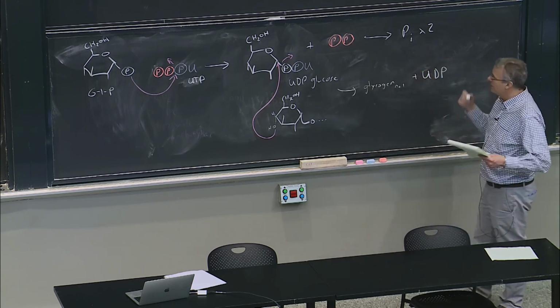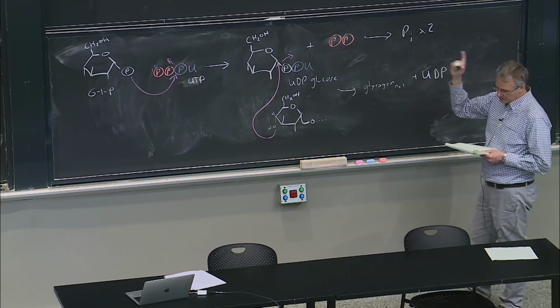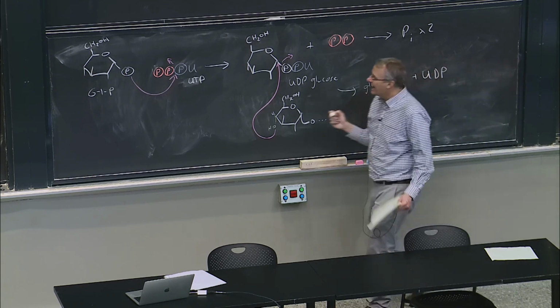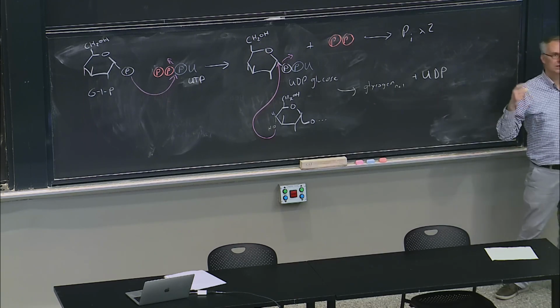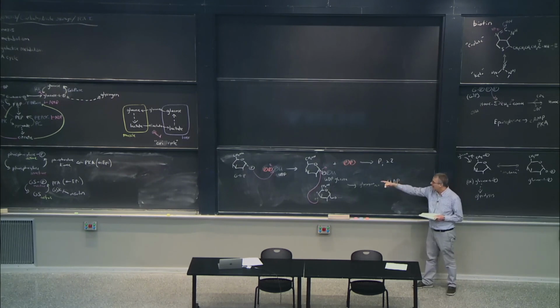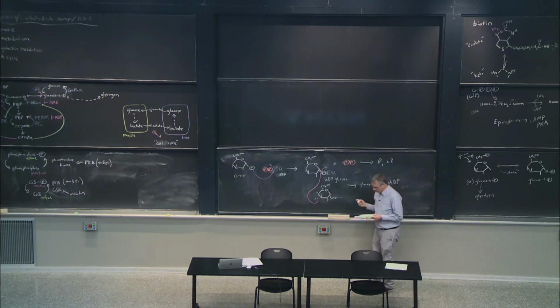And so the net to add a glucose 1-phosphate to the non-reducing end of the growing glycogen polymer is net conversion of a UTP to a UDP. So that is 1 ATP equivalent to add glucose 1-phosphate to the end of the polymer.